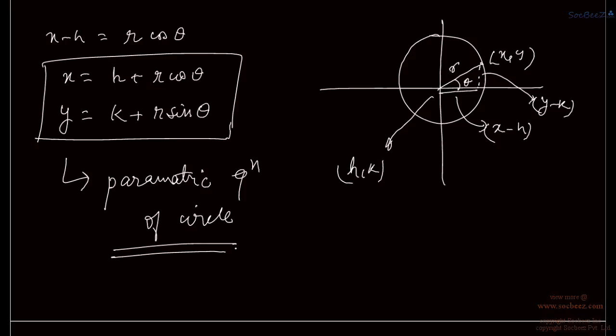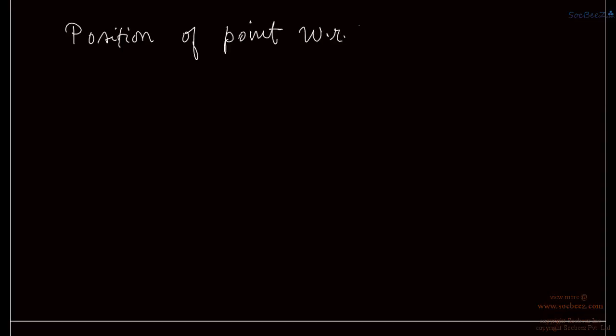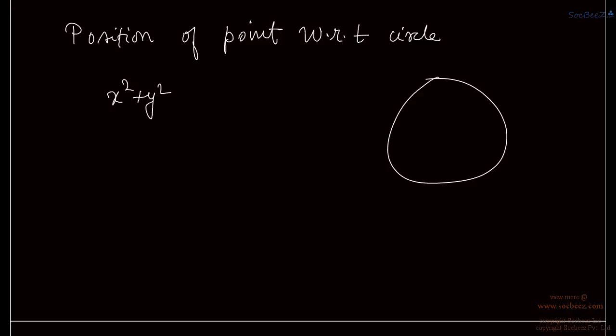Let us move forward. Position of a point with respect to a circle. We have the general form of the equation of a circle: x square plus y square plus 2gx plus 2fy plus c is equal to 0.